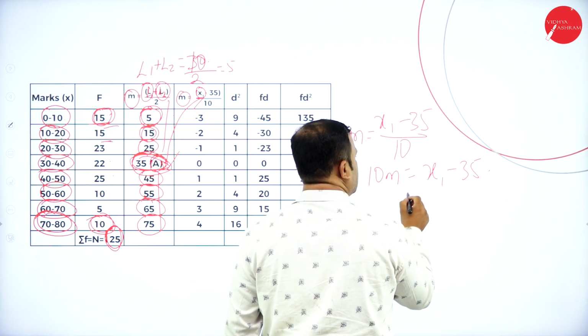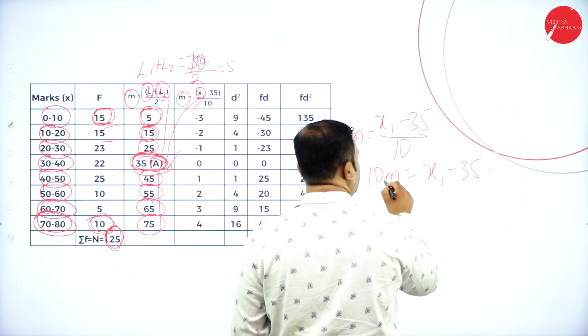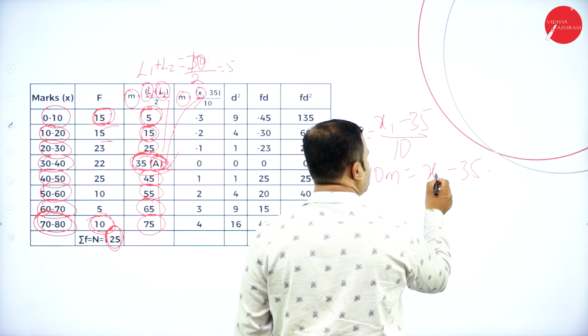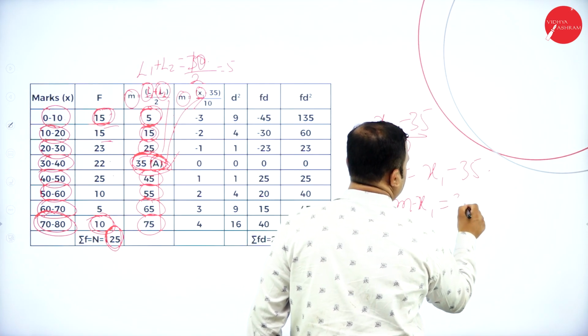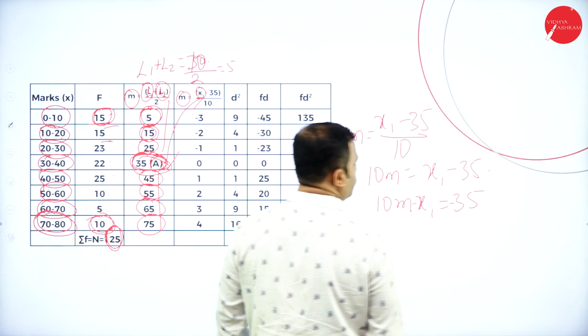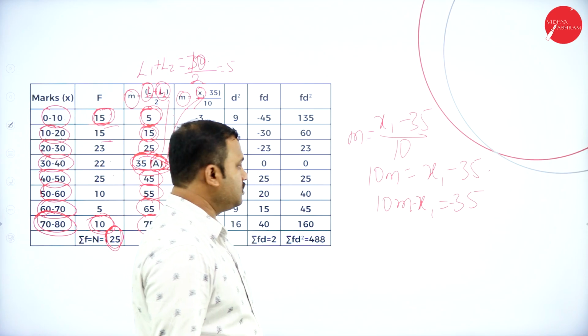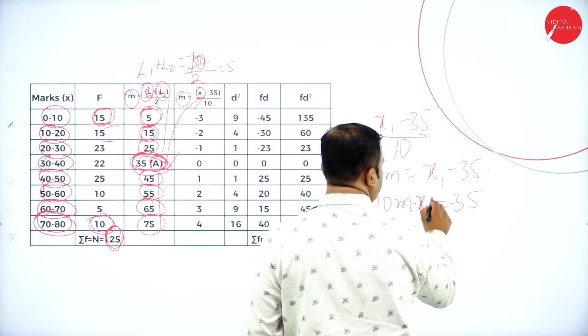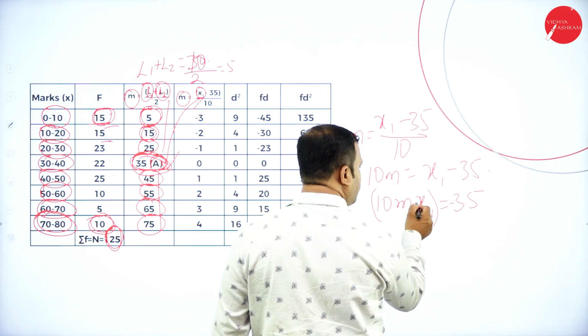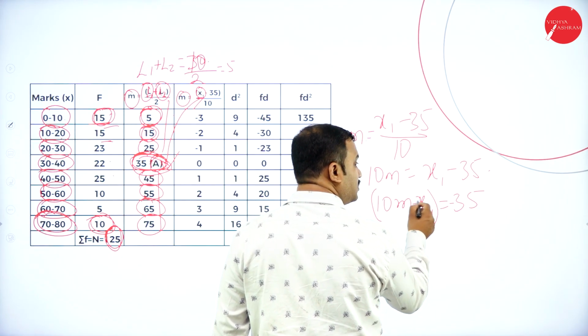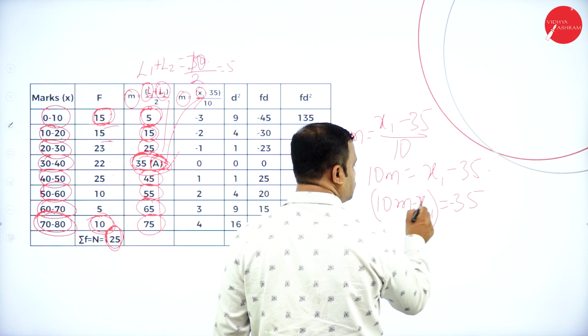Let me transfer this x1 to this side. That is 10m minus x1 is equal to minus 35. Now 10m minus x1 is equal to minus 35 here. Can I take a common factor here? That is not possible in this case.